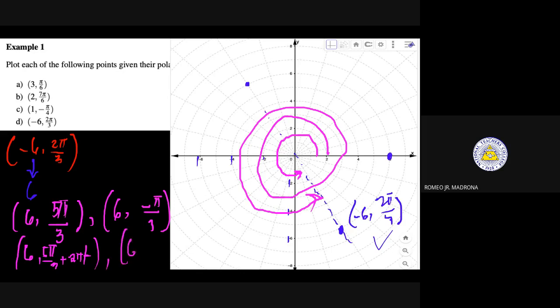Or, 6 plus negative pi over 3 minus 2 pi k, where k is positive integers. Ganon. Ito naman ay positive to, no? Ayan, basta dapat pareho sila. Okay?